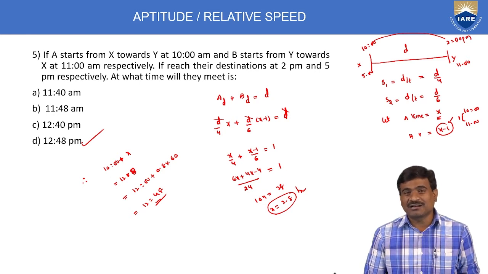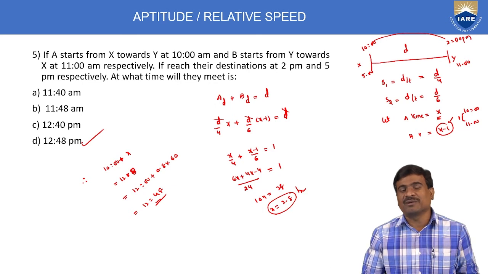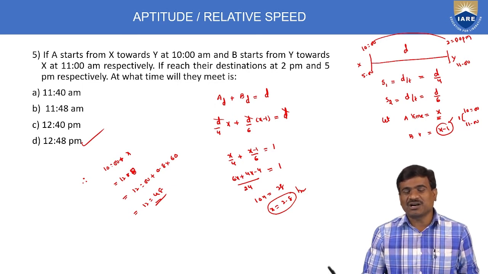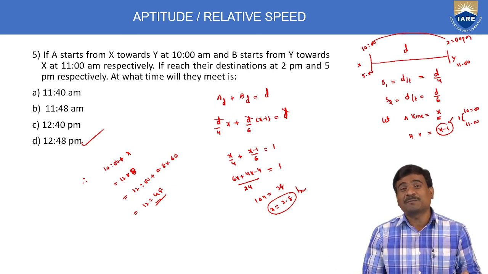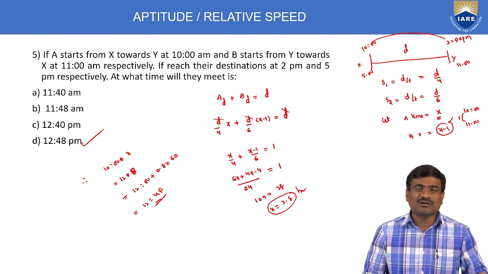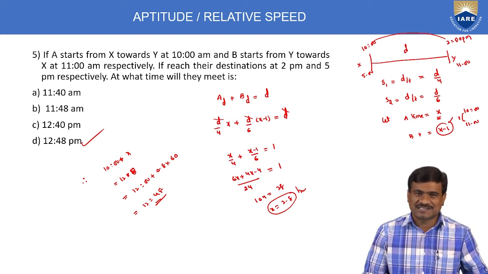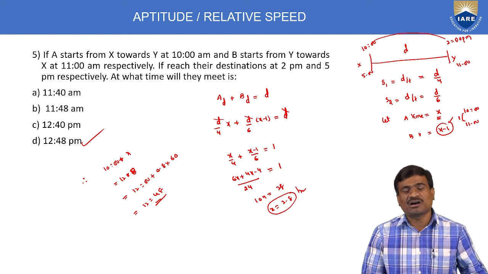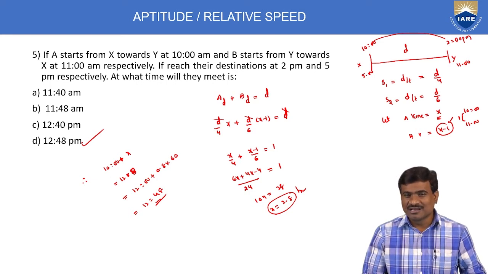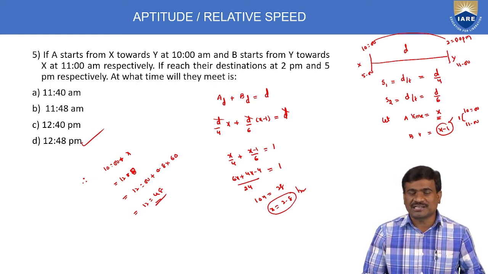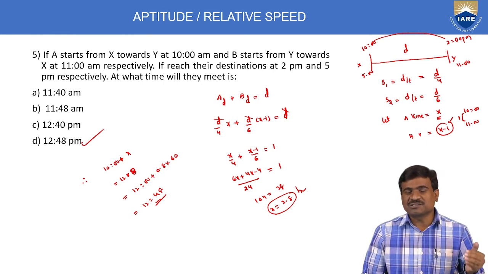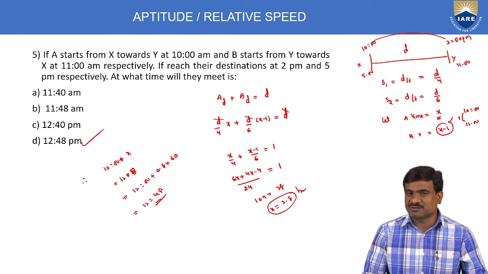Consider only the minutes, not the hour. Convert 0.8 into minutes: hours convert into minutes by multiplying by 60, and minutes convert into hours by dividing by 60. So the answer is 12:48 p.m. If we consider B, B time up to the meeting point is X minus 1, that is 2.8 minus 1, 1.8.